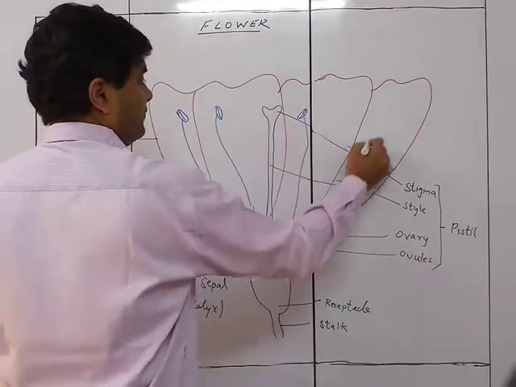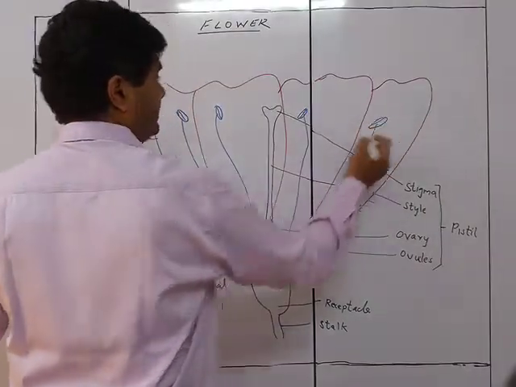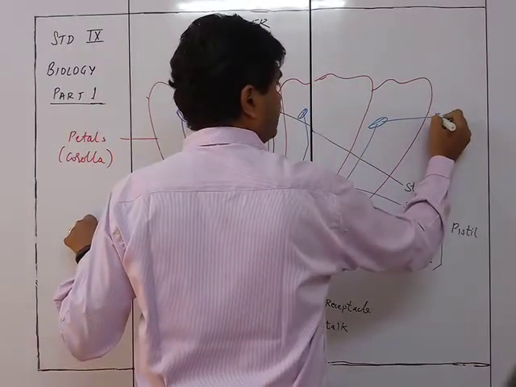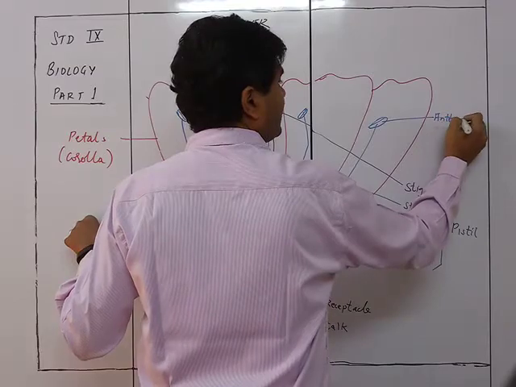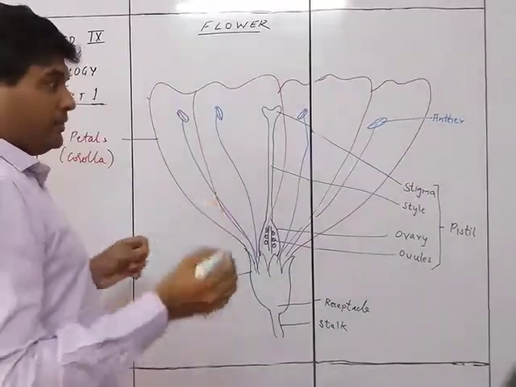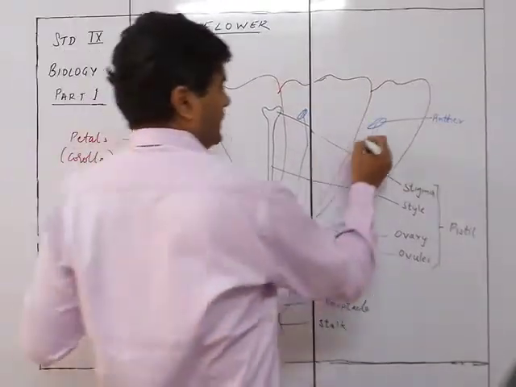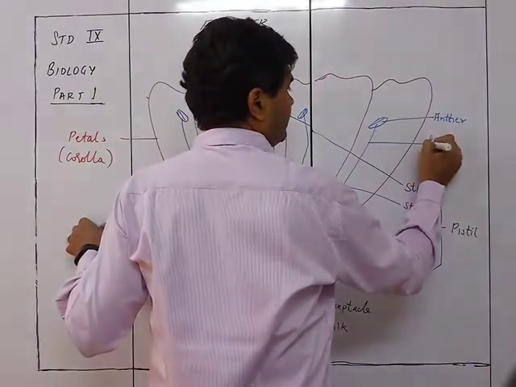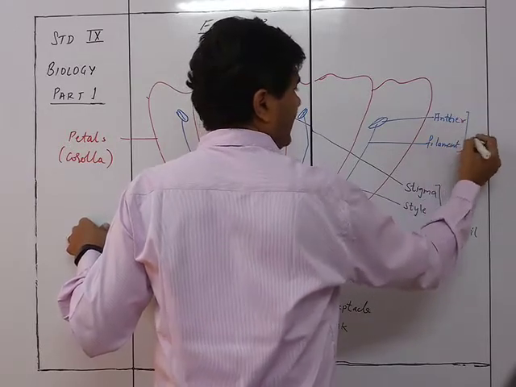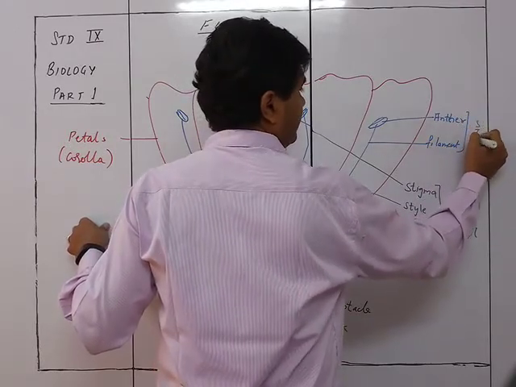This is the filament and the anther. The anther contains the pollen grains, which are the male reproductive cells. Collectively, these two are called the stamen.